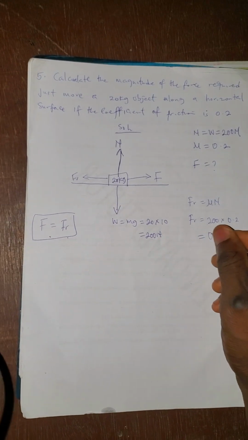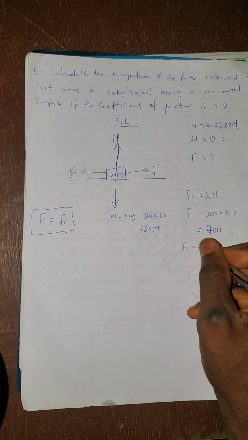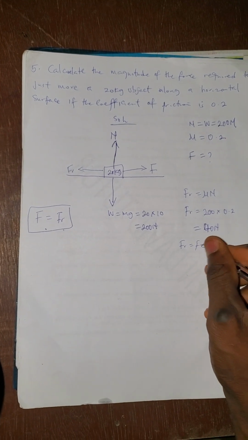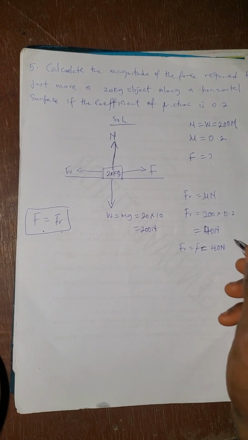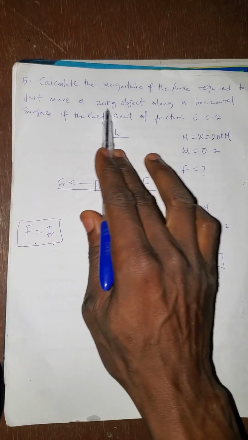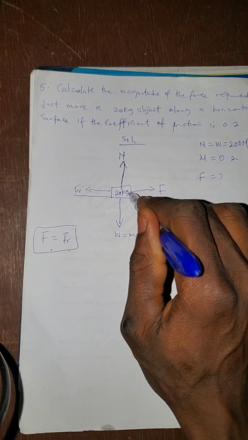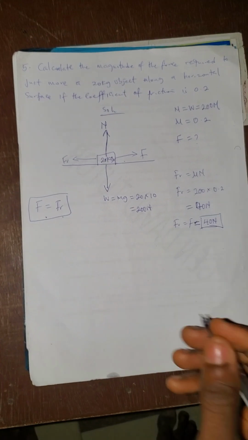So we have this to be 40 Newton. And since Fr is equal to F, that shows that the force that will be required to just move this object along the horizontal will also be 40 Newton.